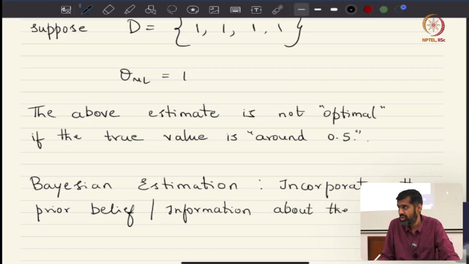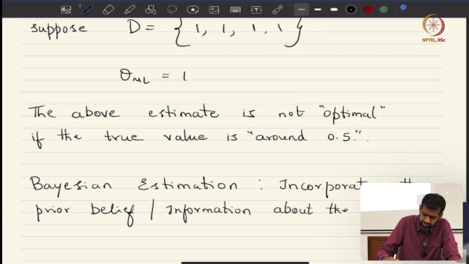Now, if we already know that the underlying parameter has a particular form, that it can only take this sort of value, then no matter what the data tells us, we know that this is our belief and we want to incorporate our belief into the estimation technique. How do we do that mathematically is the question, and Bayesian methods give you a way to incorporate that.